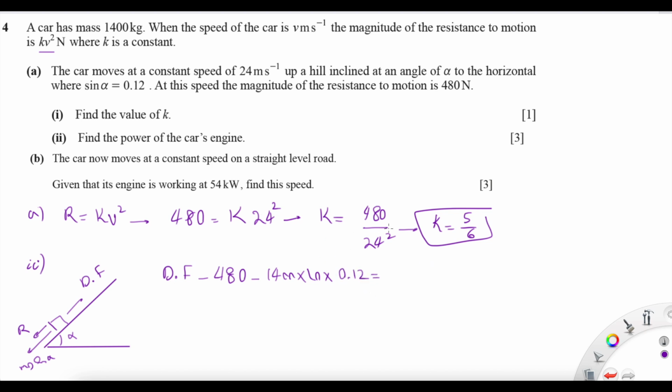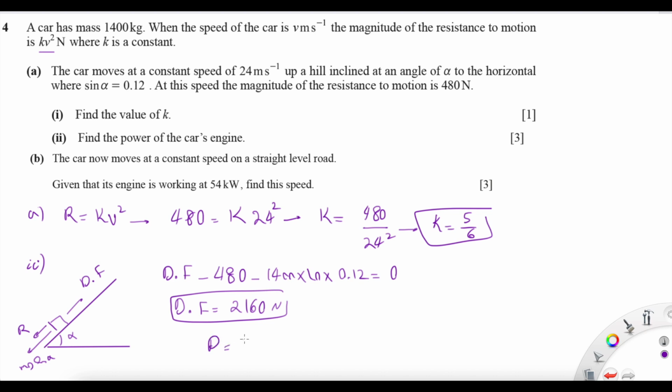As it's moving at a constant speed, acceleration is 0, so ma will be 0. So driving force will be equal to 480 plus 1400 times 10 times 0.12, which is 2160 newtons.